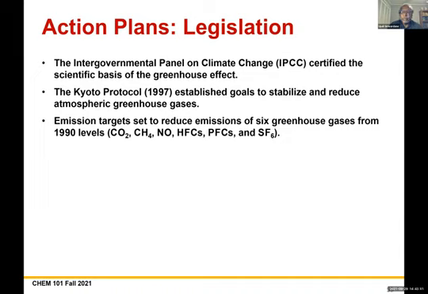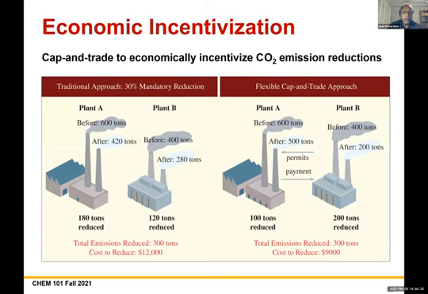Emission targets were set to reduce emission of 6 greenhouse gases from 1990 levels: carbon dioxide, methane, nitrous oxide, and new refrigerating chemicals, hydrofluorocarbons. We used to use hydrochlorofluorocarbons. That's gone, but still HFCs are greenhouse gases. Perfluorocarbons and SF6. All these have to be reduced.